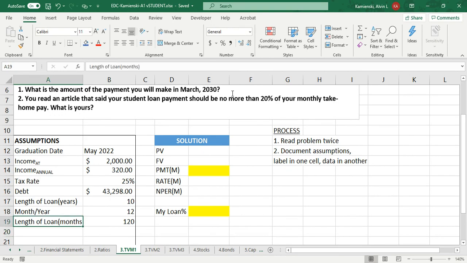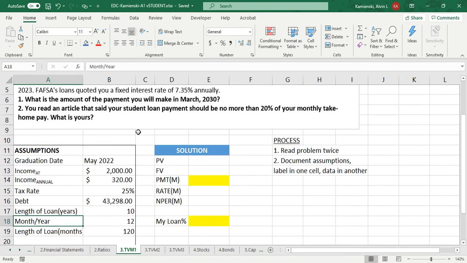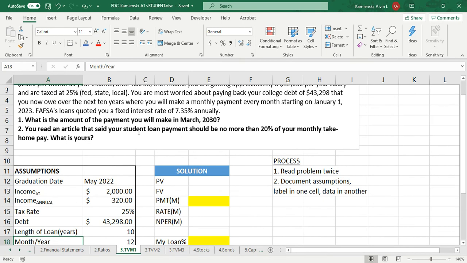I don't even know if this exact part appears in the solution that I created on the side, but organically, the more that I label, the better off I am, because anything I get down, I can use for formulaic calculations later. Okay, so you're most worried about paying college debt, 43,298, that you owe over 10 years.